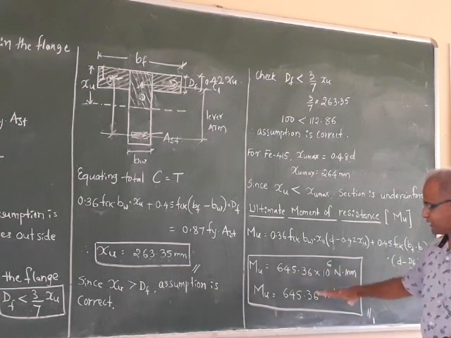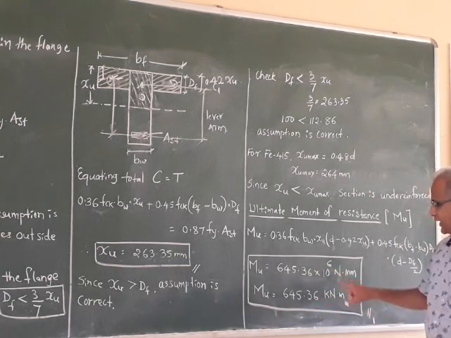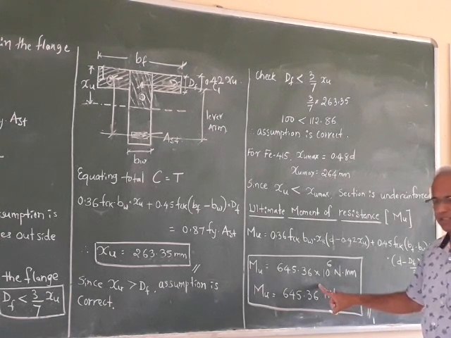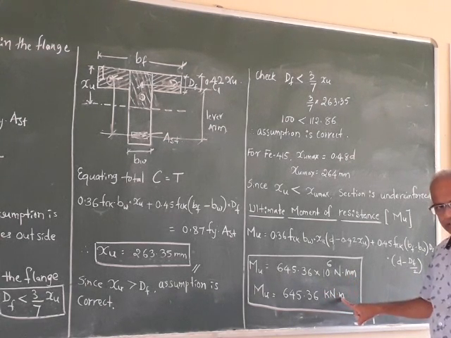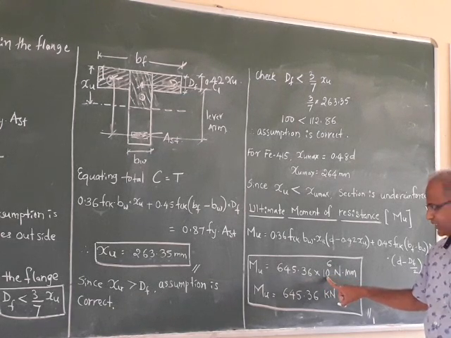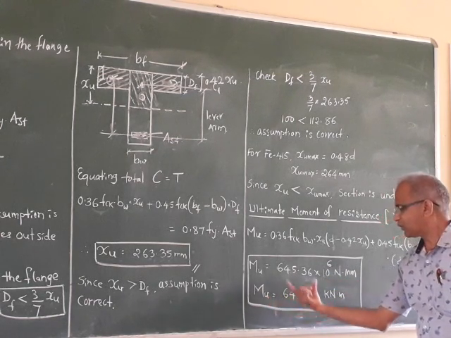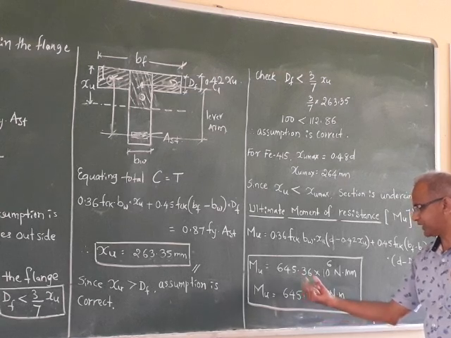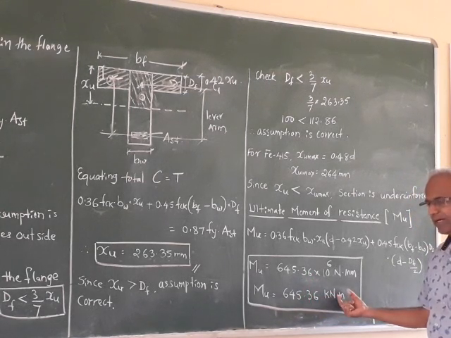If you want to convert this into kilonewton meter, Newton to kilonewton is divided by 1000, then millimeter to meter again divided by 1000. So totally, dividing by 10 to the power of 6, you get MU equal to 645.36 kilonewton meter.